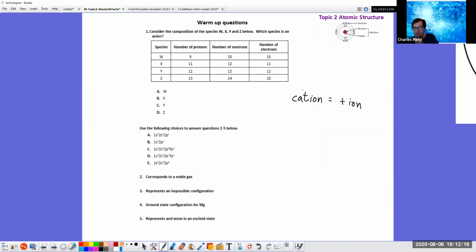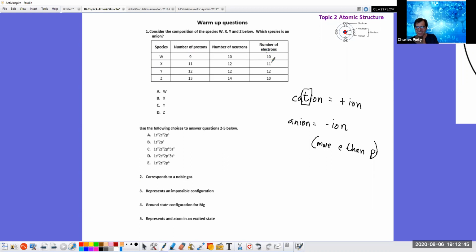How do I know that? It's got the plus sign right in it. An anion, on the other hand, is a negative ion. But that means it's got more electrons than protons.